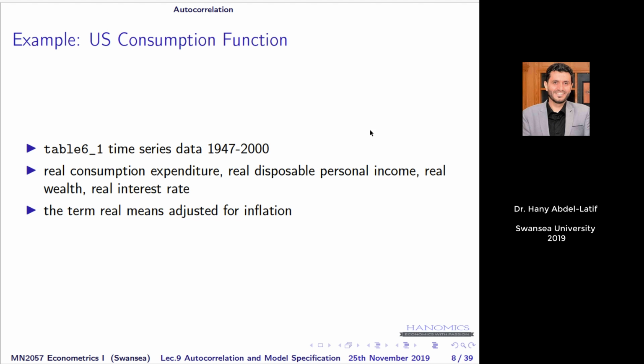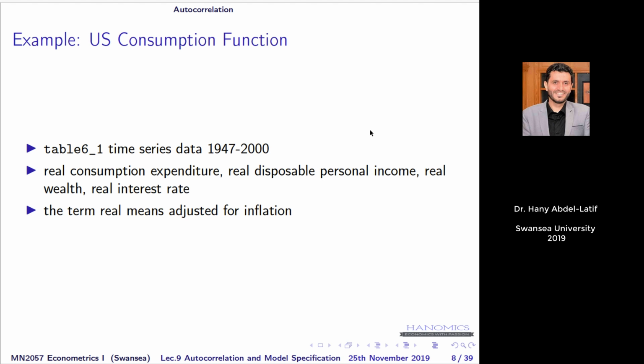Our example here has time series data. Remember, what do we mean by time series data? You have one unit over time. So we have data from the US, only one country, from 1947 to 2000, and we want to estimate a consumption function.